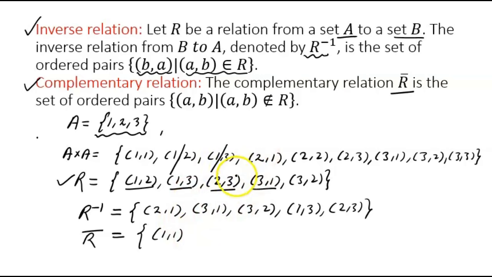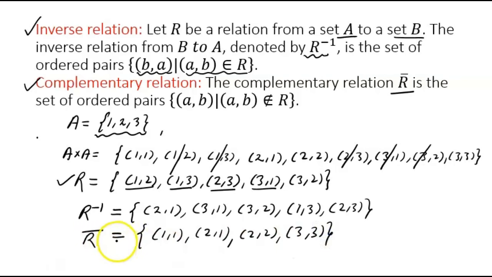What is 2 comma 1? 2 comma 1 is not present in R, so I will write 2 comma 1 here. 2 comma 2 is also not present in R, so I am writing 2 comma 2. 2 comma 3 is present here, so I won't write it. 3 comma 1 is also present, so I should not write it. 3 comma 2 is also present in R, so I should also not write it. But 3 comma 3 is not present, so I am going to write 3 comma 3 in the R complement.